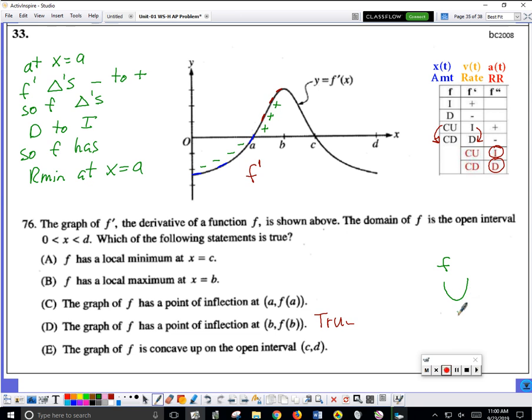Don't associate those two. They don't have to be true. Here's a function f that is always concave down, and yet that function f still has a relative min. So don't think of concavity as being the same as relative min or max. That will cause a mistake.